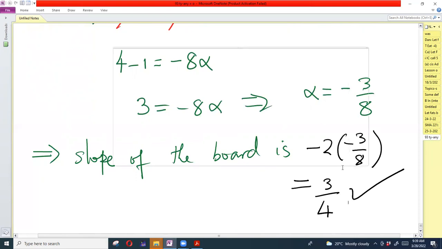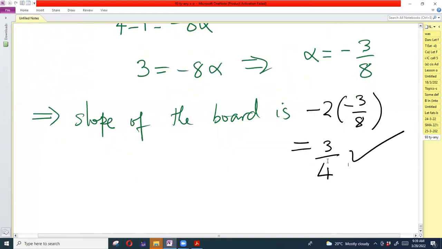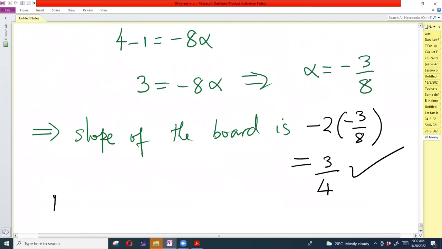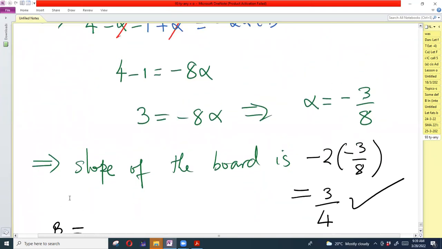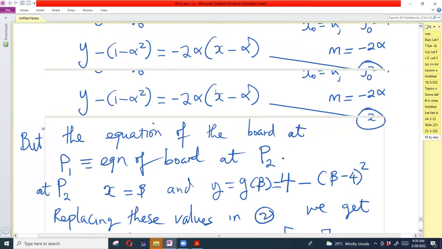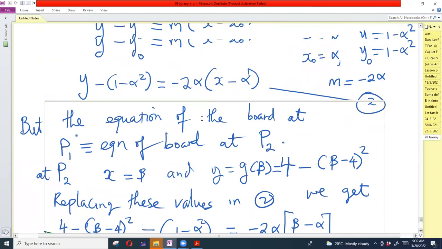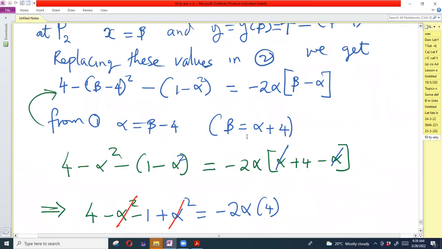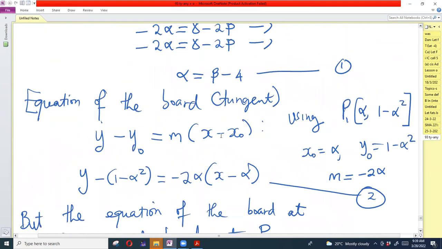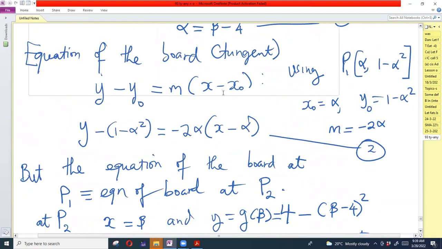And actually, from the value of alpha, you can always get beta from this equation. Beta is given by alpha plus 4.